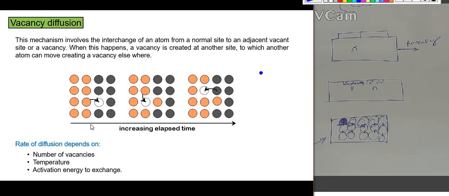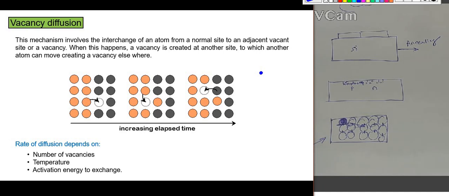If sufficient activation energy is there, this atom will break the bond with the neighboring atom and move from this lattice point to the vacancy. Again a vacancy is created, and another adjacent atom moves into it.